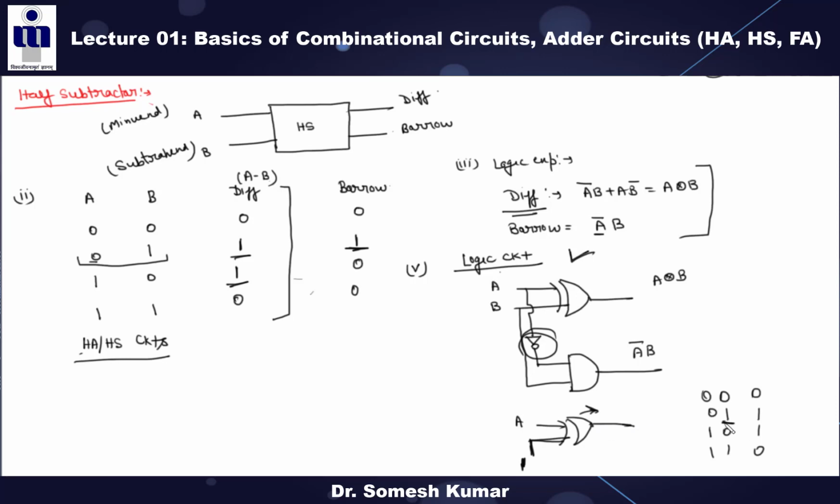When this control input is 1, what is the output always? A bar. So in that case, it behaves as the NOT gate. In the similar way, you can design half adder and half subtractor in a single circuit.